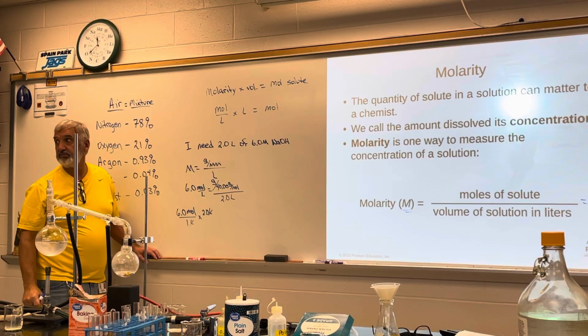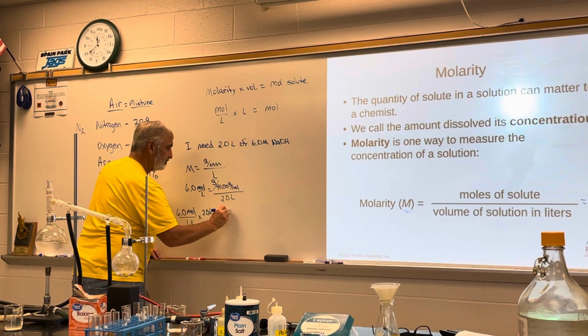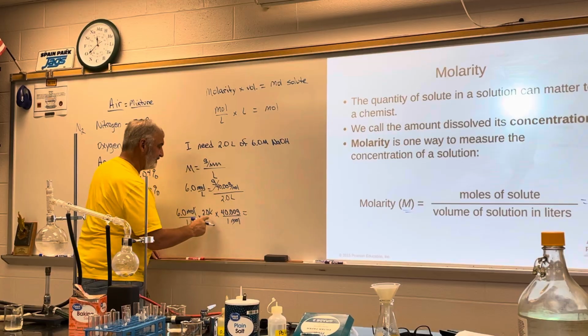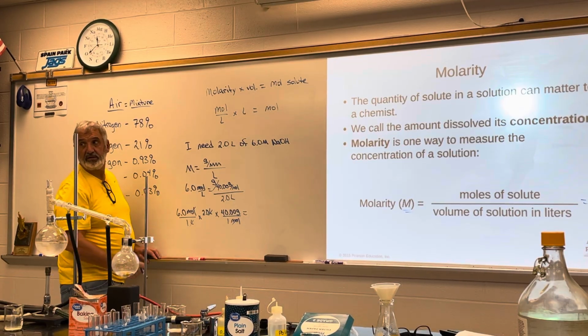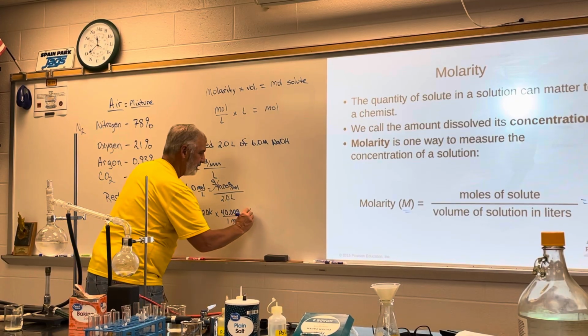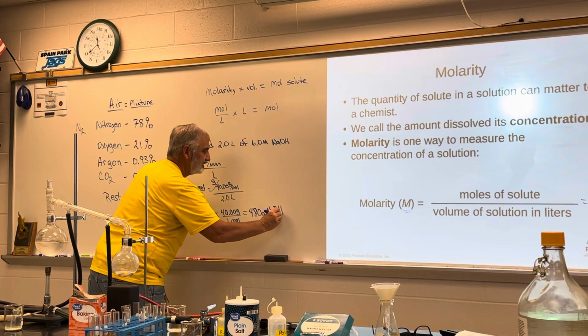Then how do I get to grams? Multiply by the 40 grams over 1 mole. Moles cancel here. So I'm going to have 80 times 6. 480 grams of NaOH.